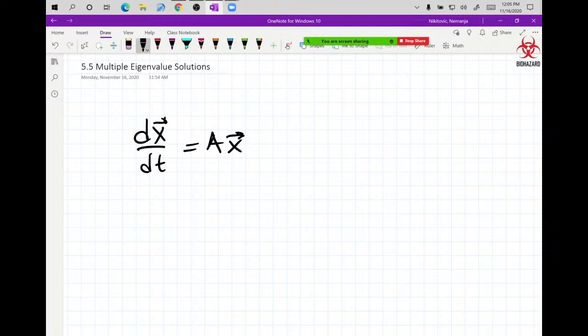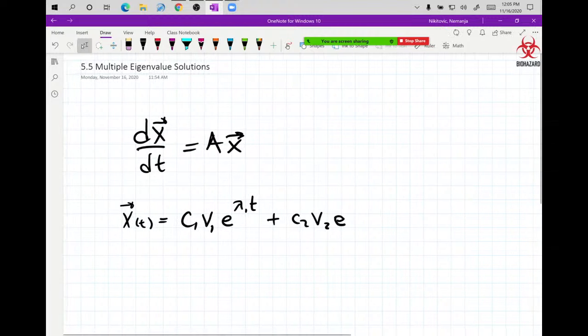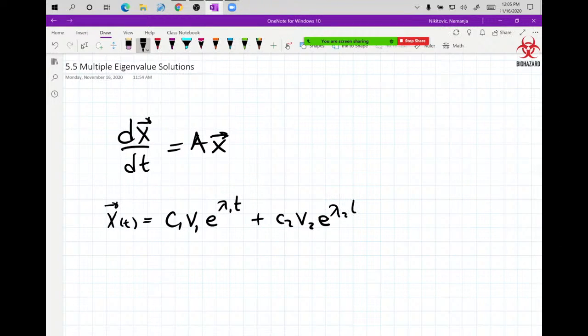So what we have done so far is we wrote that our solution was of the form C1 V1 e to the lambda 1 t, plus C2 V2 e to the lambda 2 t, where lambda 1 and lambda 2 were different values.